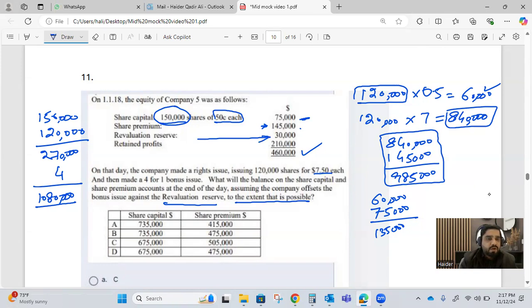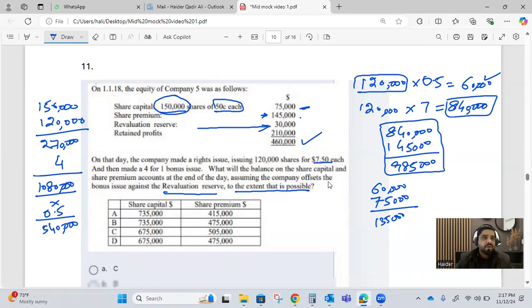So we need to calculate how much money is to be used in the bonus calculation. We have 1,080,000 bonus shares multiplied by 1 share costing us 0.5. I'm using my calculator. So $540,000 are needed to cover the bonus issuance.